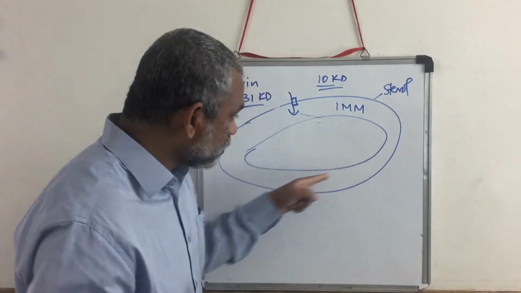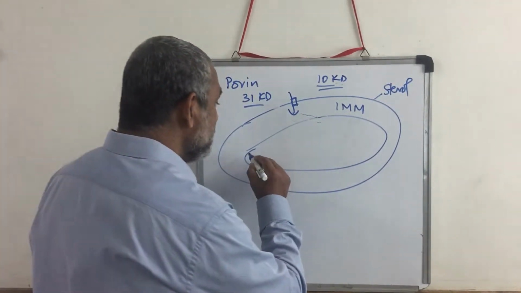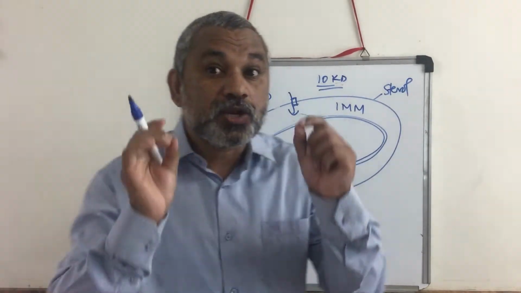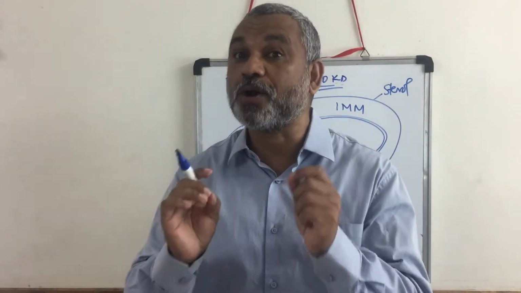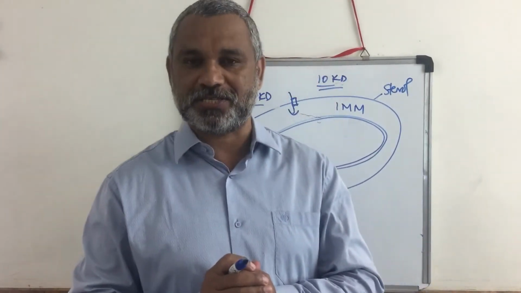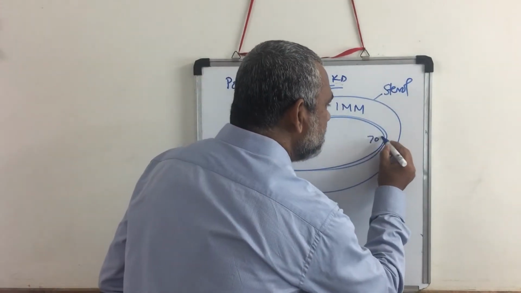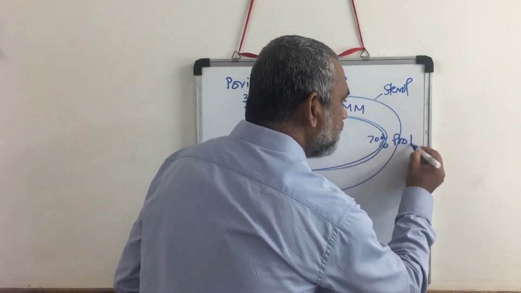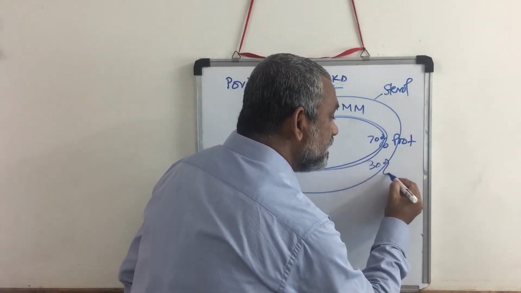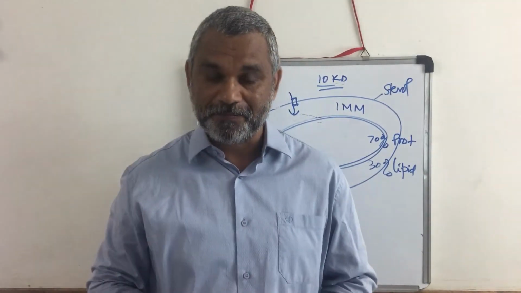Now, look at the structure of the inner membrane. It looks very much like a prokaryotic system. About 70% is protein and 30% is lipid in this inner mitochondrial membrane.